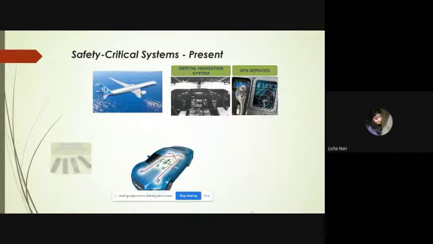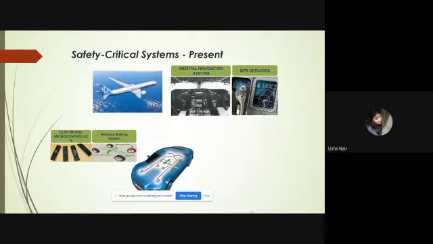Then in automobiles, we have embedded electronic microcontrollers, even in the anti-lock braking system. This is also an embedded system that has been introduced in the automobile industry. Then the electronic stability control, mainly for steering control. I believe whoever is driving an automobile would know about cruise technology and all this.